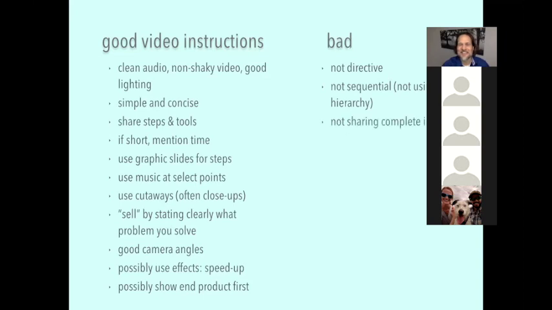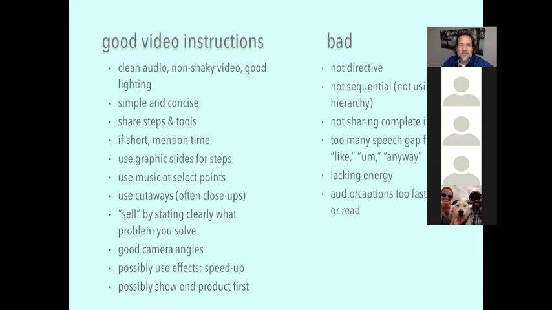Not sharing the complete information is another. Too many speech gap fillers like anyway, apparently. Lacking a sense of energy. Audio captions are too fast, or the audio itself is too fast. Either way, not using enough visual data.